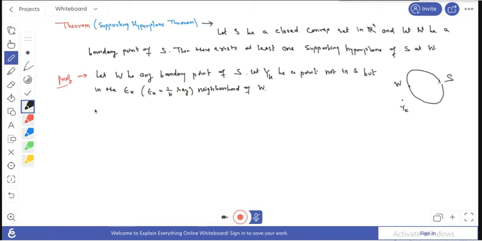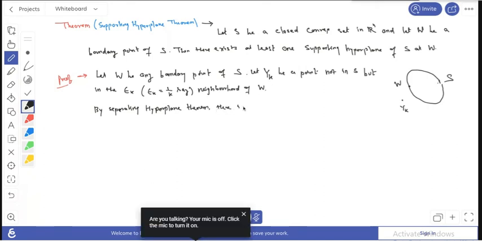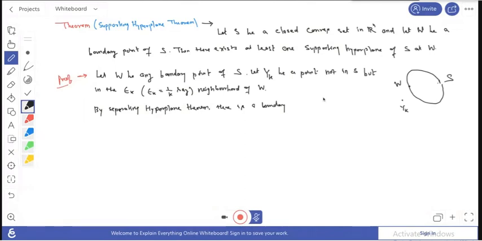Okay, so by the previous theorem, that is the separating hyperplane theorem, you know that there is a boundary point, say wk of S, whose distance from this point yk is minimal.